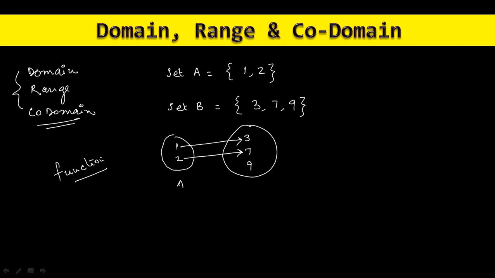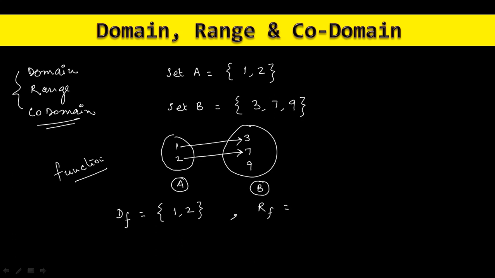This one is set A and this one is set B. Now, as per this example, if I have to find out the domain of the function, the domain of the function is all the elements inside set A. And what about the range of the function?